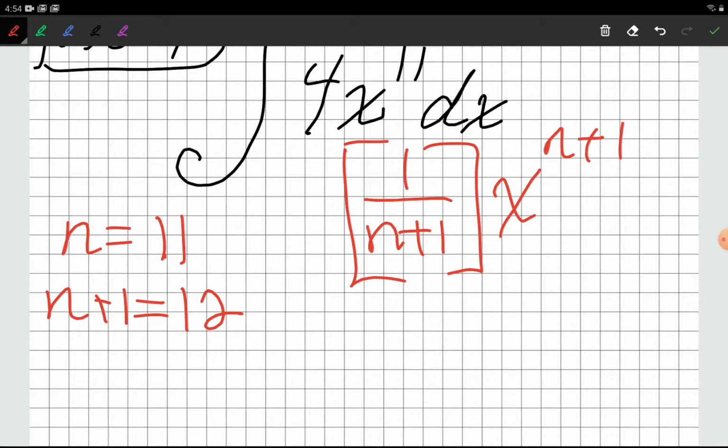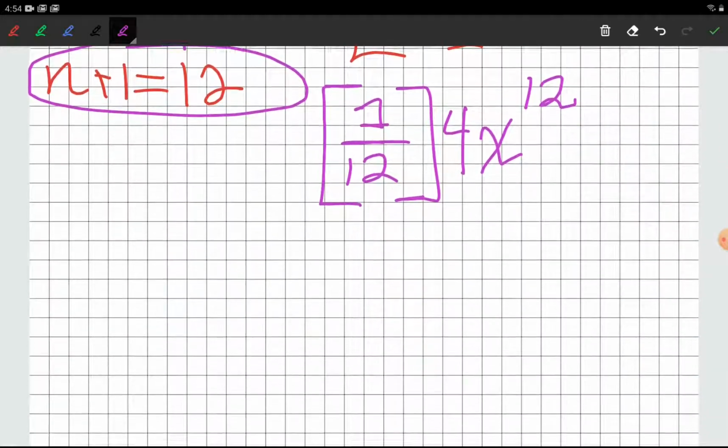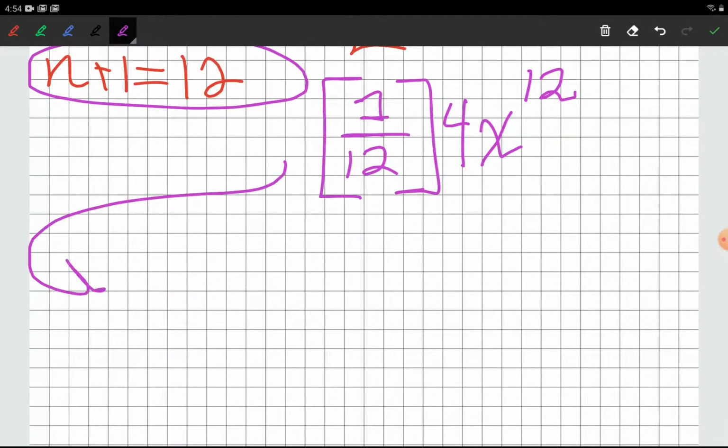Alrighty, so let's do this. N plus 1 is 12. So writing it out completely, make sure you have all the parts. 1 over 12, 4, x to the 12th.